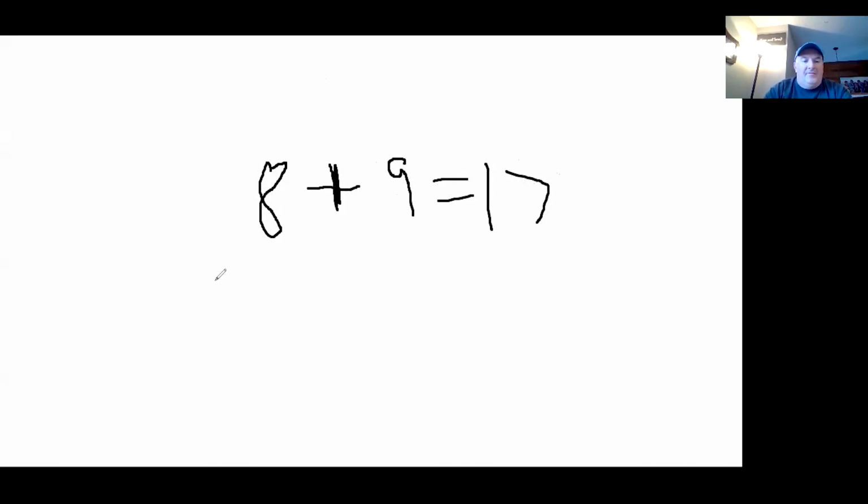If you have, let's say, 6 minus a negative 3, you can get rid of that. Instead of being minus a negative, it becomes plus. And that would be 9. Yes, 6 plus 3 is 9.